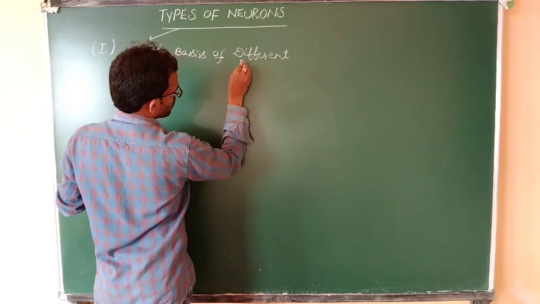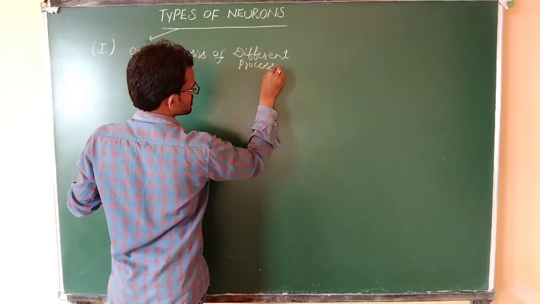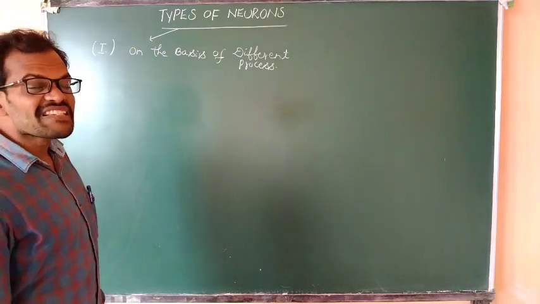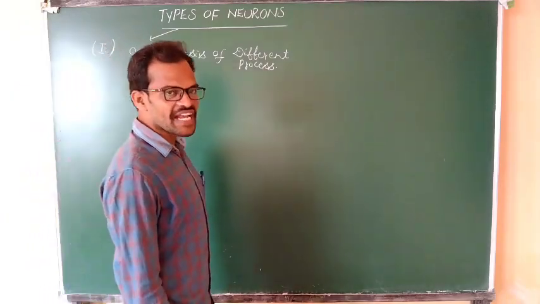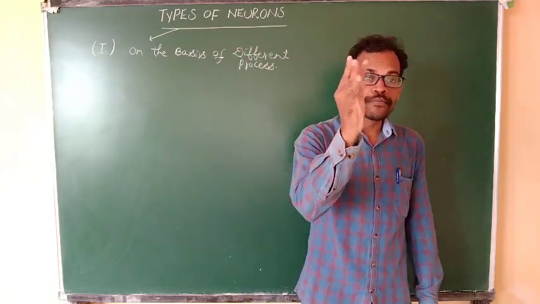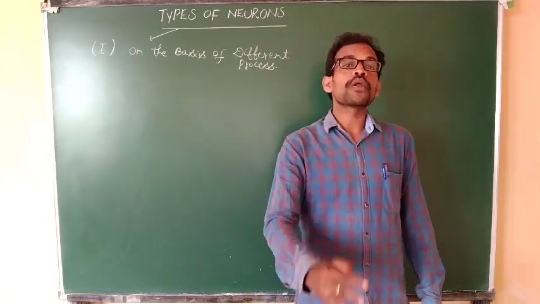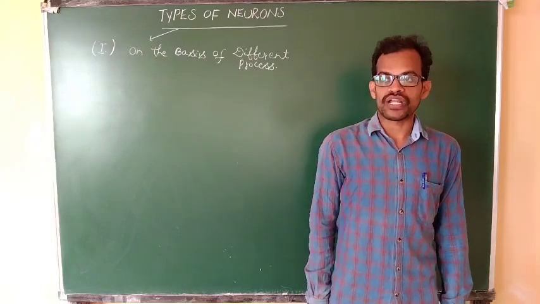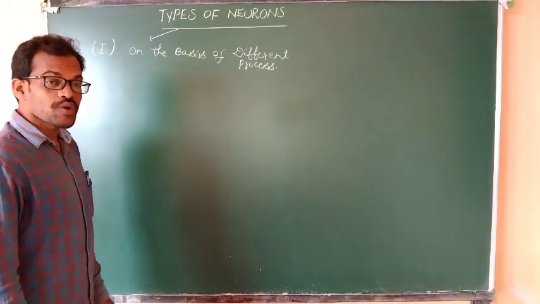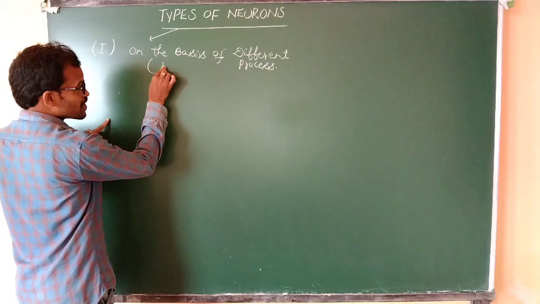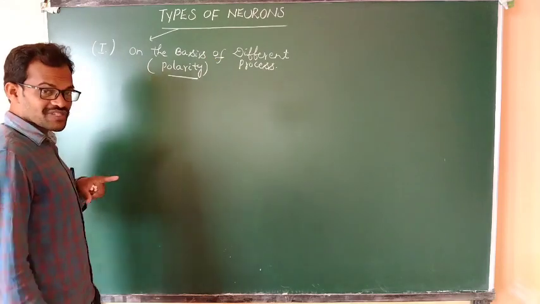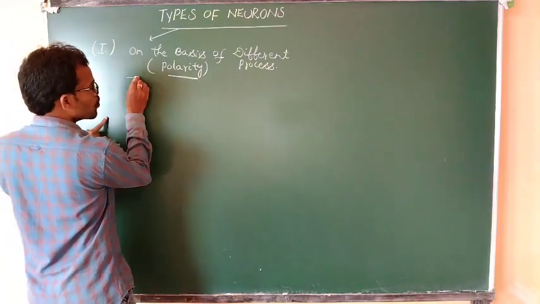On the basis of different processes, or polarity, the neurons are classified into apolar neurons, unipolar neurons, bipolar neurons, pseudo-unipolar neurons, and multipolar neurons. The neurons are classified into 5 types.